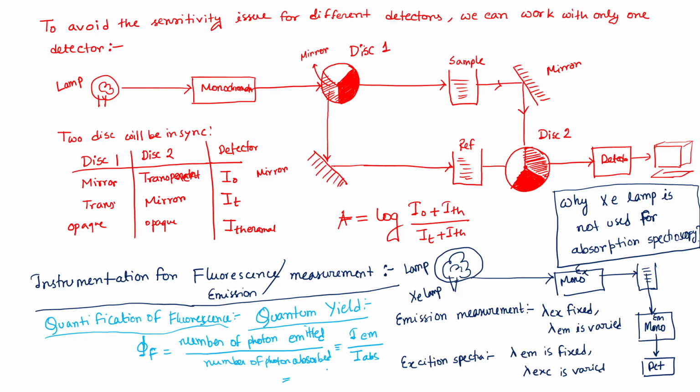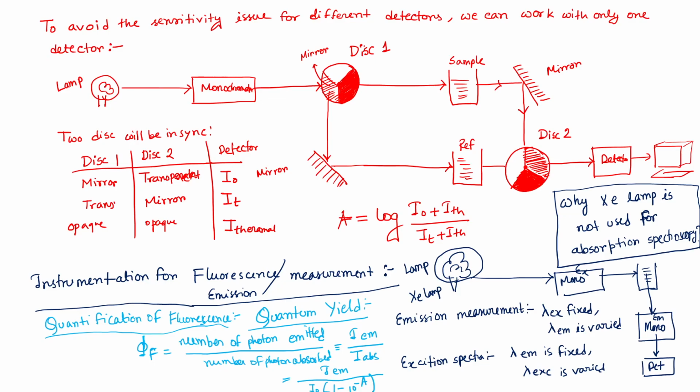Sir has shown the intensity of absorbed light as I0, the incident light, times 1 minus 10 to the power minus absorbance.